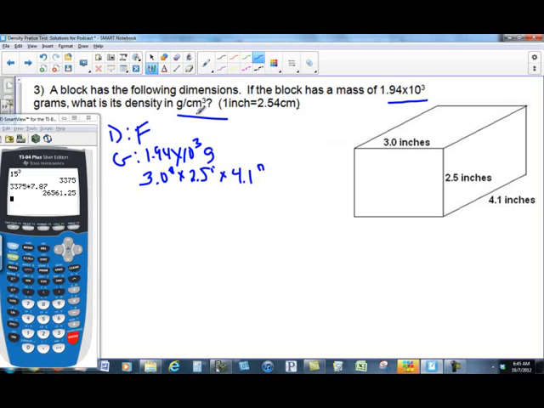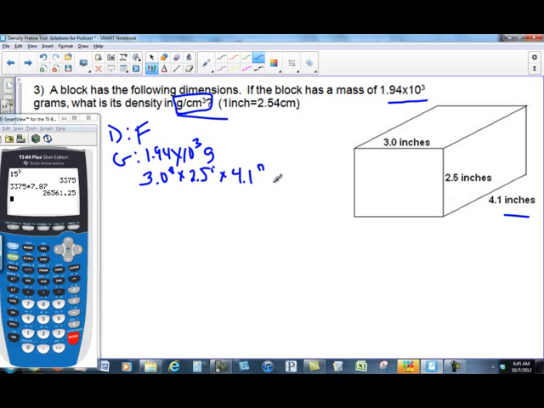Now, we're trying to find density in grams per centimeter cubed, but when I multiply these dimensions, I'm going to get inches cubed. So let's first figure out the volume in inches cubed, and then we will convert that to centimeters cubed. And when we have centimeters cubed and we have mass, we can then find density.